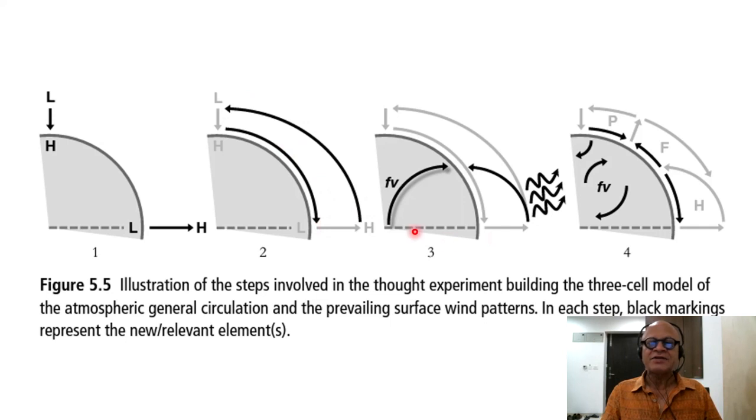So if we add the Coriolis in the way Hadley imagined, but more formally as we learned, then you know that f times v is going to turn it to the right for the northward flow, and for the southward flow it's going to turn to the left.